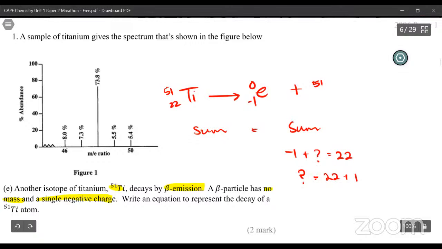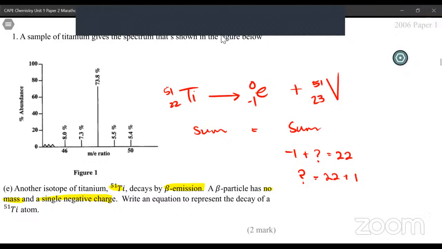So you'll find out that here you would have the atomic number being 23. So you know that now whatever is 23 on the periodic table, that would be your new atom, right? So vanadium has the atomic number 23. So, you can tell that that would be it.